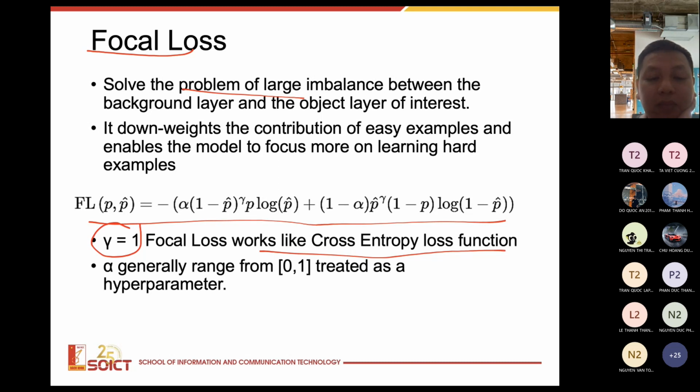So the alpha is a hyperparameter that you can generally choose in the range from 0 to 1, right? So you see here you have the p hat to the power gamma. So if gamma is big, then p hat to the power gamma will become, I mean, 0 if p is less than 1, right?